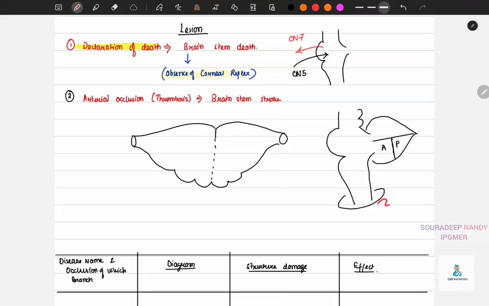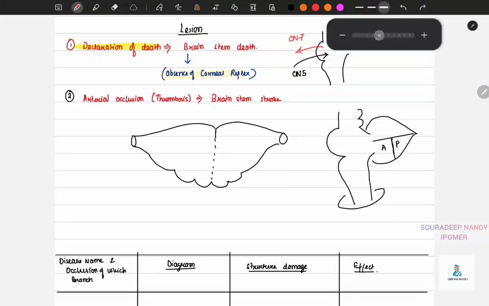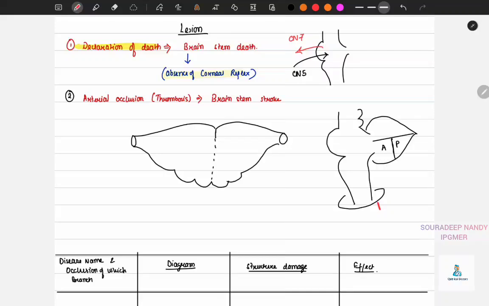We have the two vertebral arteries that enter the brain through the foramen magnum. Each passes anteriorly and joins with the vertebral artery of the other side to form the basilar artery. Before joining, in the posterior portion, it gives branches to the posterior inferior part of the cerebellum, and that artery is called the posterior inferior cerebellar artery, a branch of the vertebral artery.